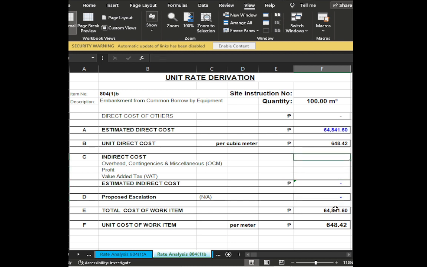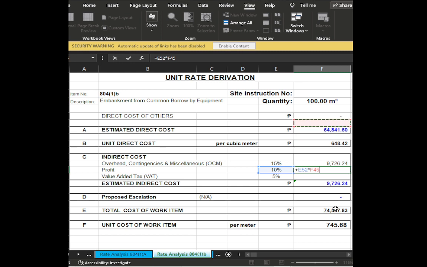The total cost of the work item is the sum of the estimated direct cost and the indirect cost. Our indirect cost: OCM is 15%, 10% for profit, and 5% value added tax. This is 15% of 64,000, 10% of 64,000, then 5% of the sum of the OCM, profit, and the estimated direct cost.